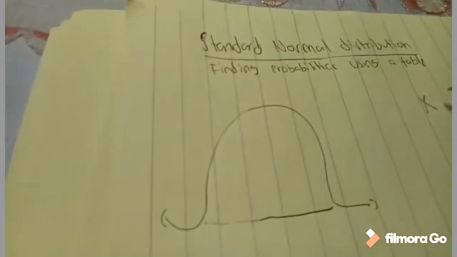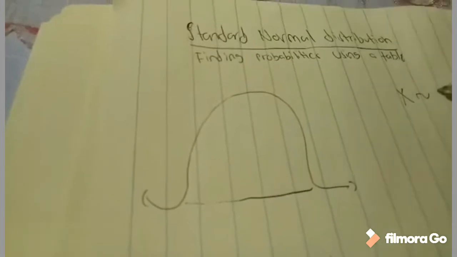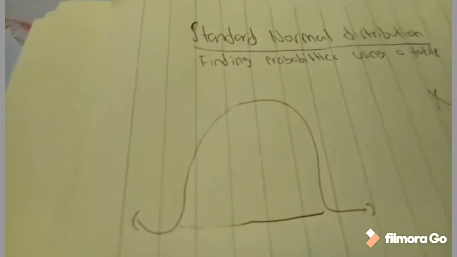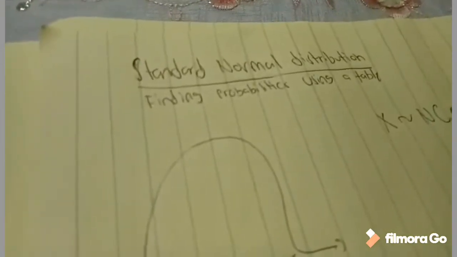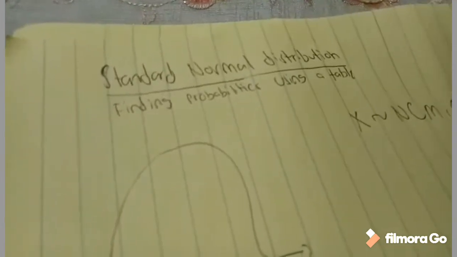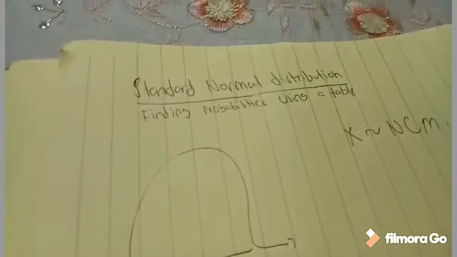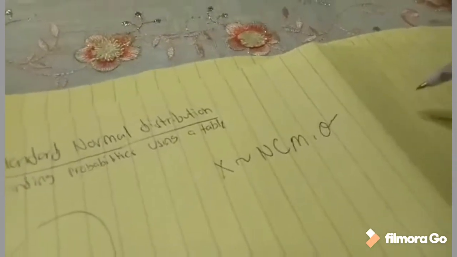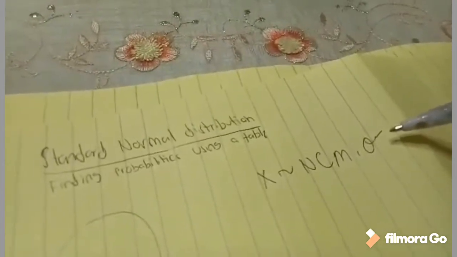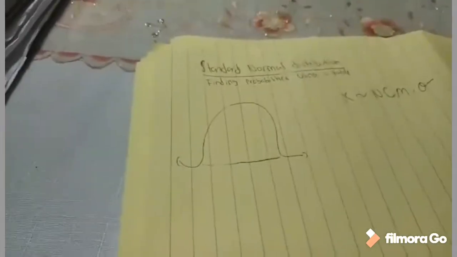In a normal distribution, you have 2 important parameters that you need to know: the mean and the standard deviation, represented by the symbol sigma.